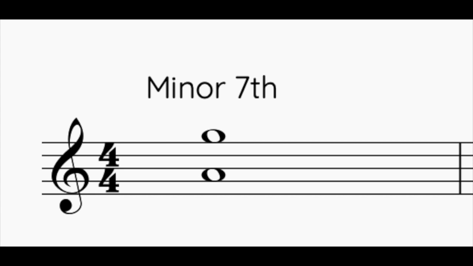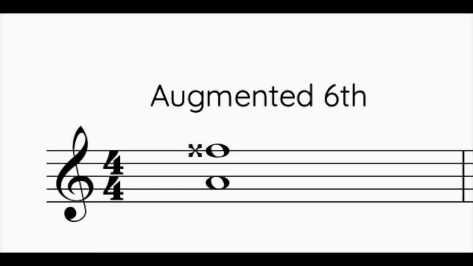However, if I have an A to an F double sharp, that is an augmented sixth. A double sharp? Yeah, it's just where you sharp the note twice, so we go up 2 half steps. So instead of an F, it's an F double sharp, which is a G, but we call it F double sharp. I know, isn't music great?